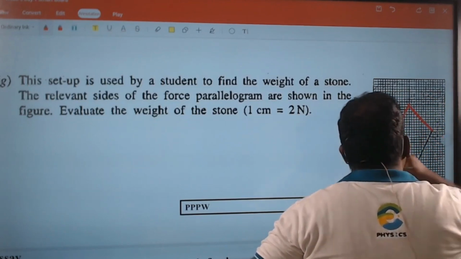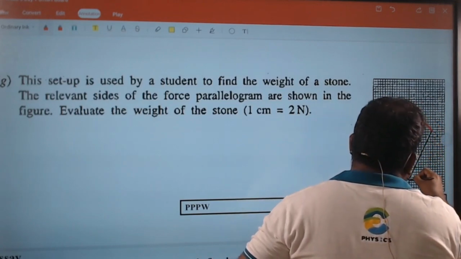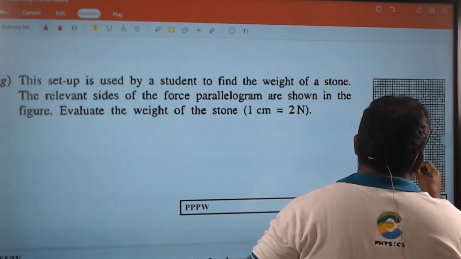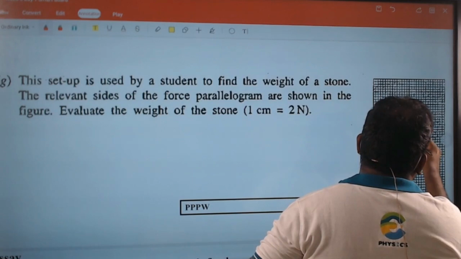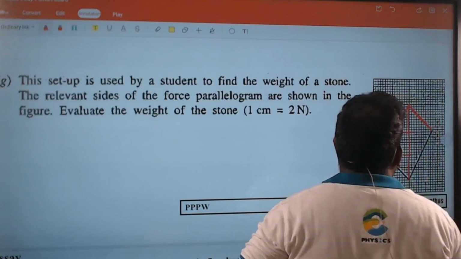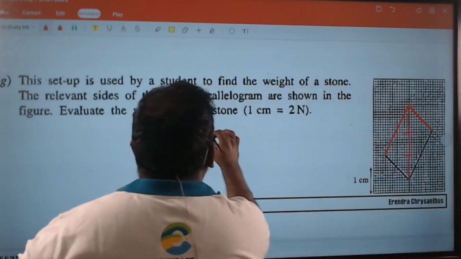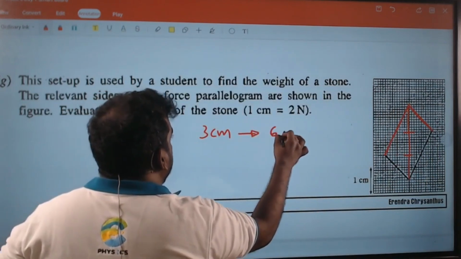This is your diagonal. Counting 1, 2, 3, 4, 5, 6, 7, 8, 9, 10. Right. Here 3 centimeters will represent 6 newtons.